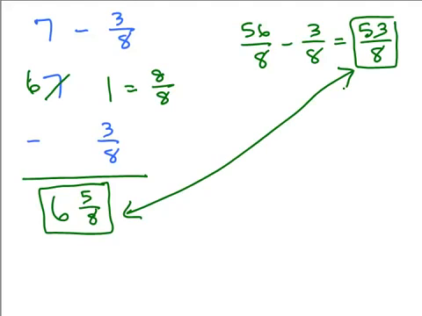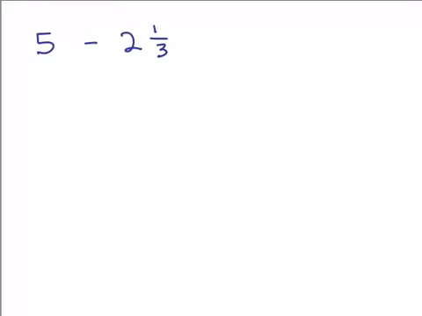Okay? All right, let's do another one where we're going to have a whole number minus a mixed number. Let's see what that looks like. All right, let's take 5 minus 2 1/3. Well, one way of doing this is we could change both of these to improper fractions, and then get a common denominator. So let's do the 2 1/3 first. That would be 3 times 2 plus 1.